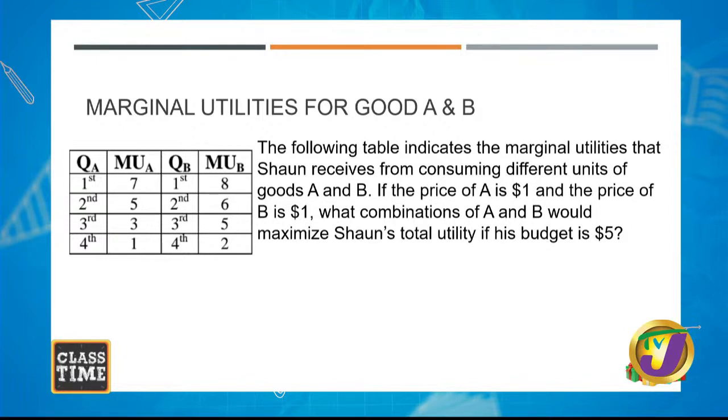Now, looking at this table, the consumer's choice will be first to purchase the first unit of good B because it has greater utils than the first unit of good A. The consumer's budget is $5, by the way.